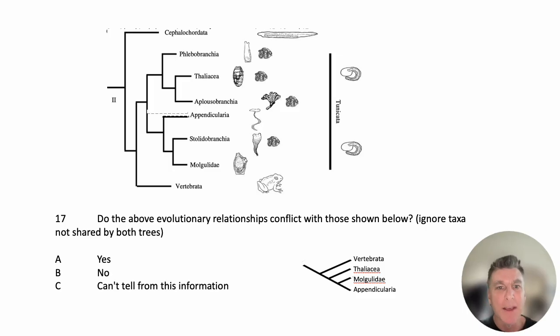And so this one is difficult for people. You have to ask, if you were to strip these trees down to only the taxa they have in common, are we seeing the same relationships? And the answer is yes, that tree at the bottom is showing the same relationships among the shared taxa as the tree above.